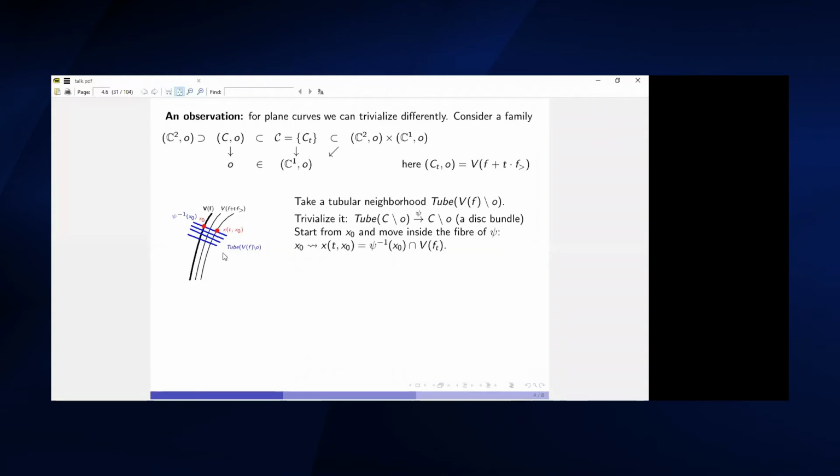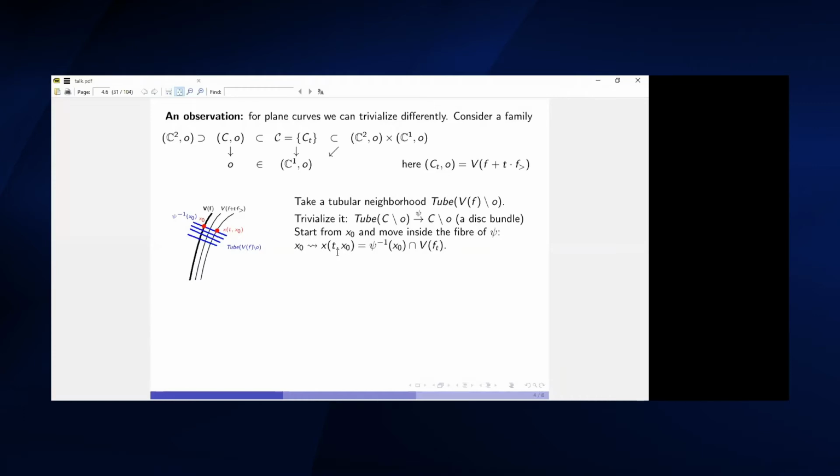And we can invert this projection in some sense. So we start from some point x0, and then we can move inside this fiber of this projection, and we move in the very natural way. x0 goes to x that depends on x0, of course, and the time.